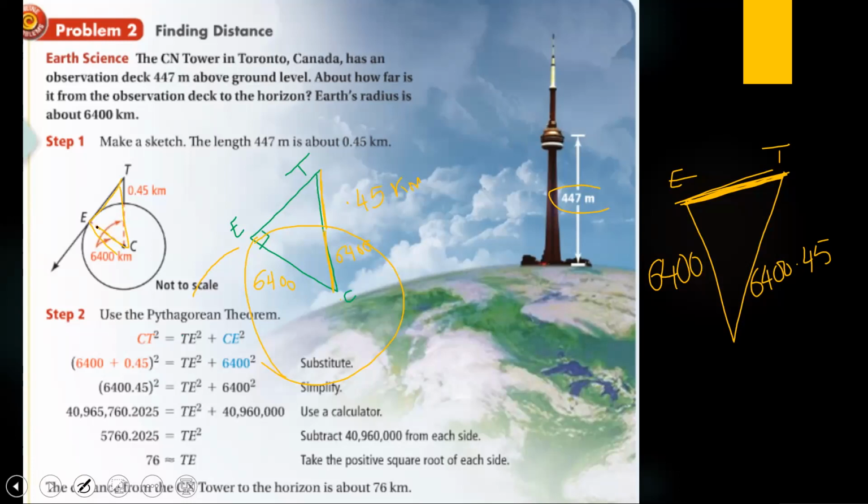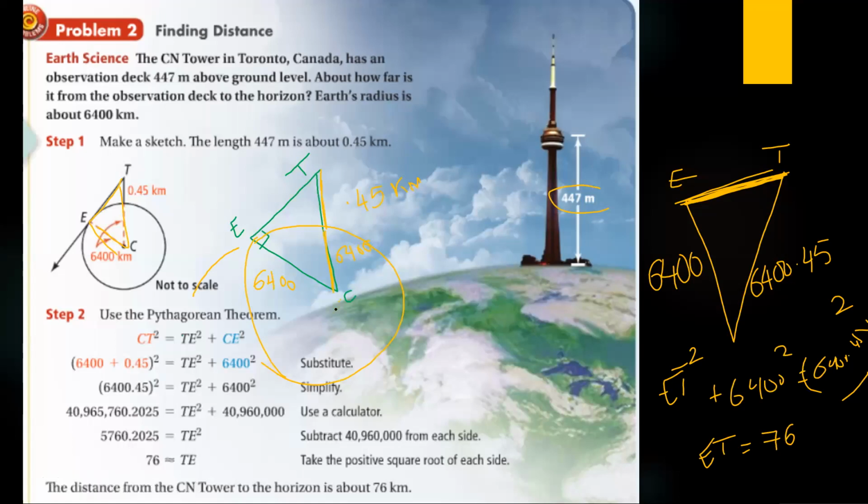Now, this number, 6,400.45 squared, using the Pythagorean theorem, equals ET squared plus 6,400 squared. Then you will continue, and you will find that ET, your distance from you up to the top of the tower, is 76 meters.